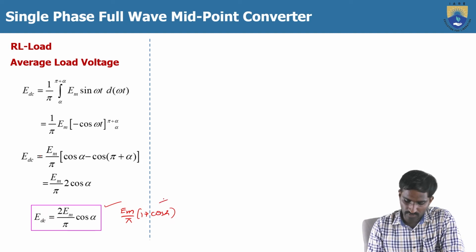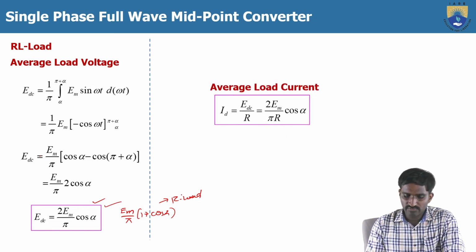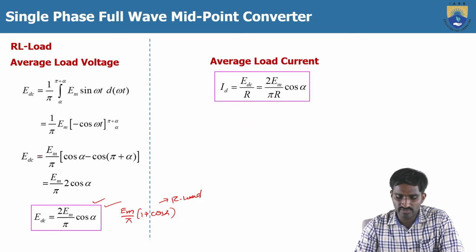This is in case of R load, and this is in case of RL load. Then similarly we can find the average load current, that is the average load voltage by the resistance, so that you will get the average load current, that is 2 Em by pi R into cos alpha.